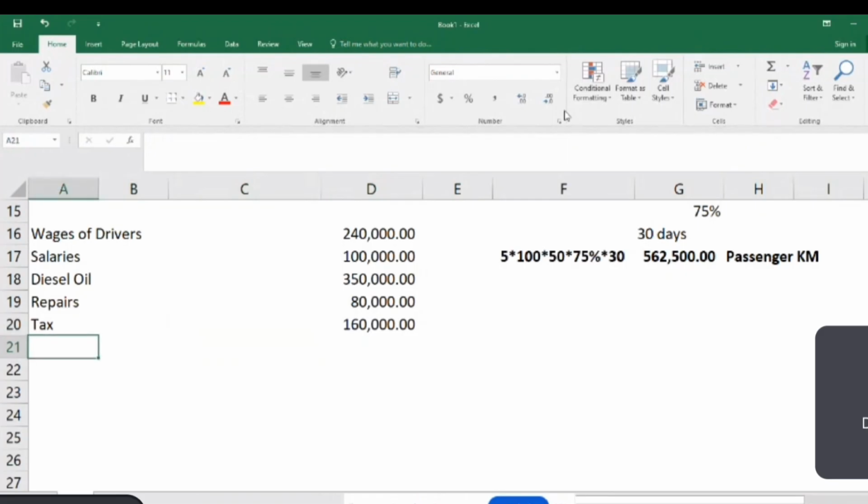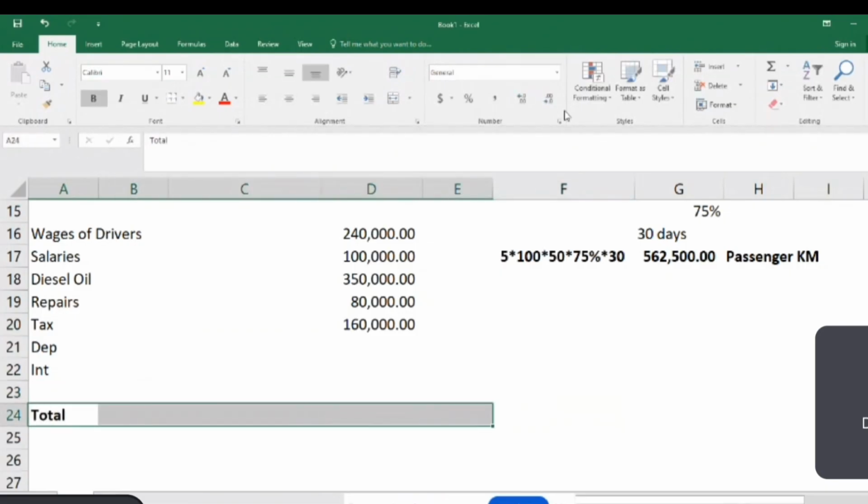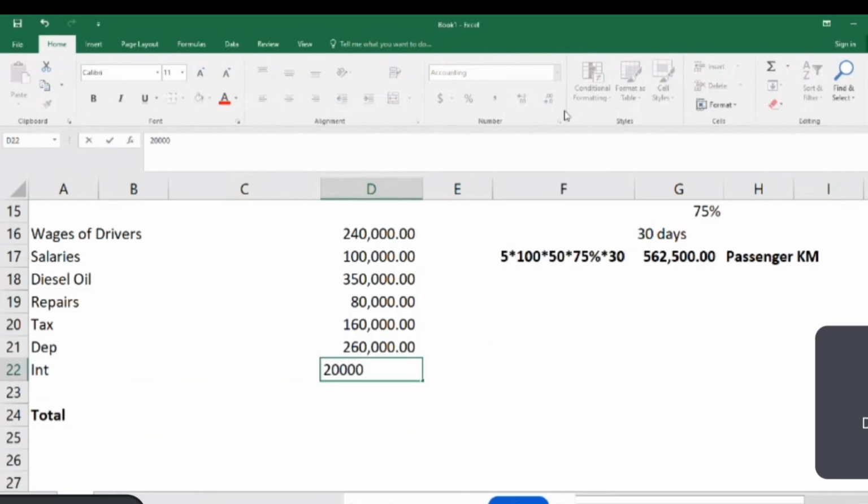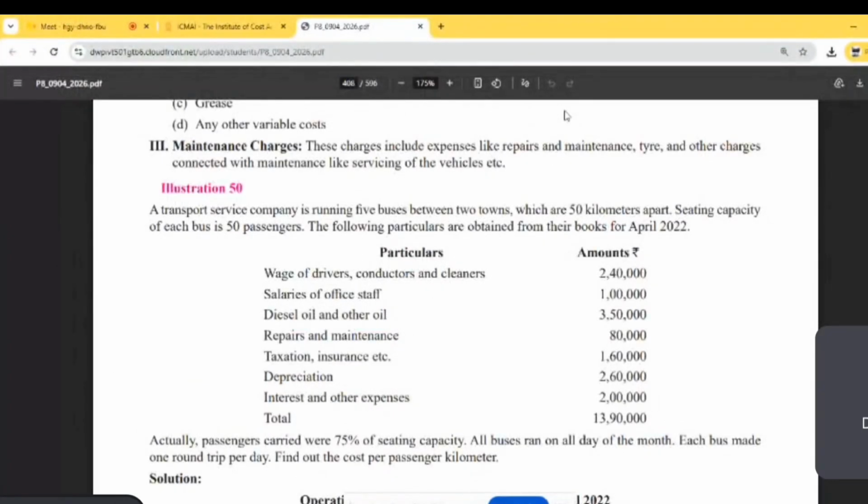Okay, then depreciation, then interest, then total. Your depreciation is 2,60,000 and your interest is 2 lakhs. Okay, so if you add the total, your total expenses come to 13,90,000 as given in the question.